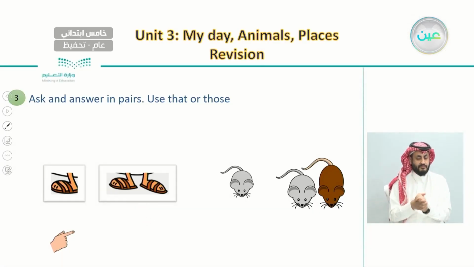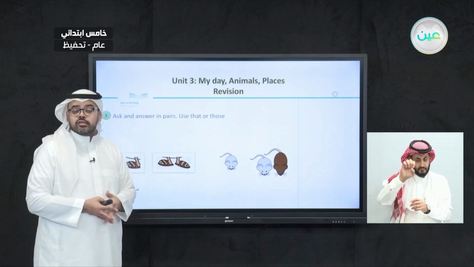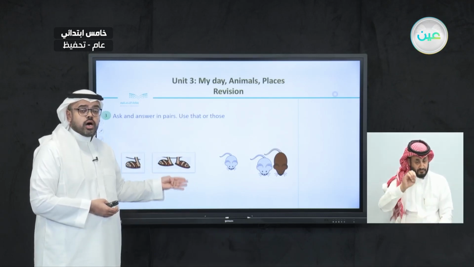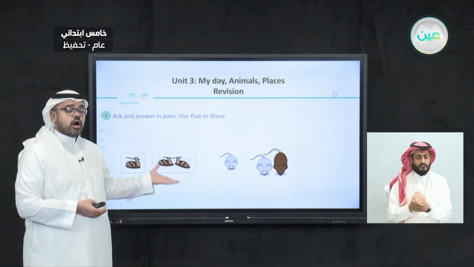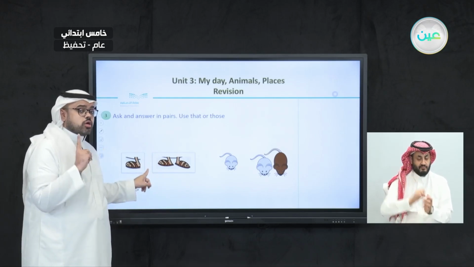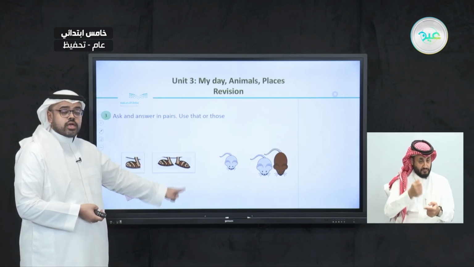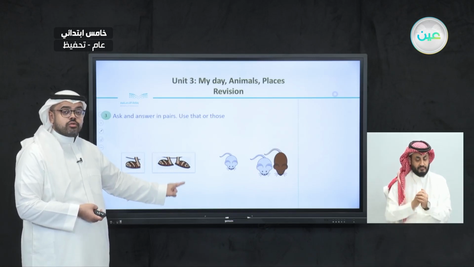What is the question we use with the second one? Here we should use those. We should ask, what are those? And the answer will be, they are feet. So here I'm talking about 1 foot, which is why I say, what's that? And here I'm asking about 2, so I said, what are those?